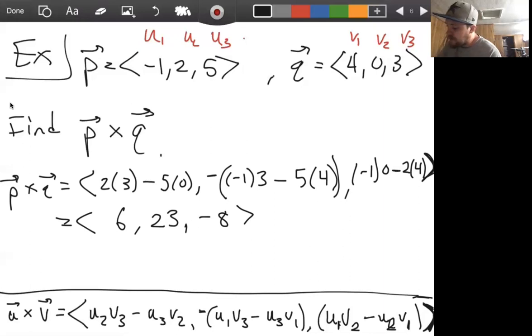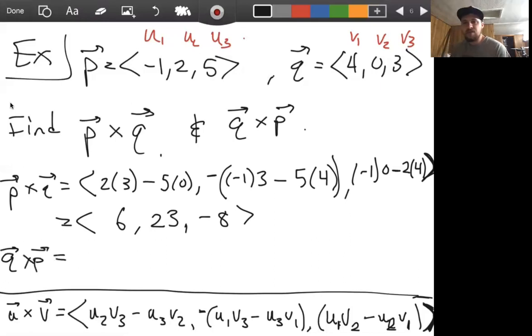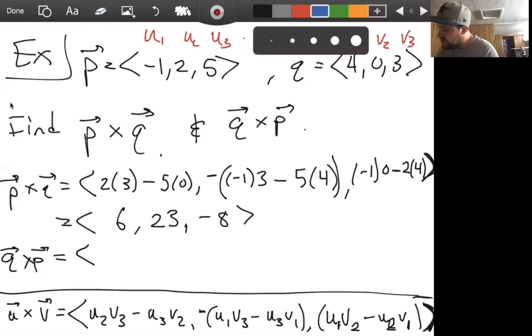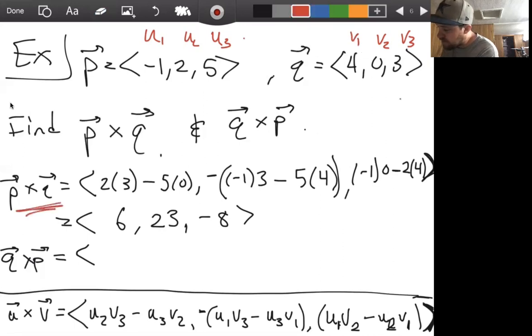And so for the sake of practice, let's say this said find P cross Q and Q cross P. Let's do Q cross P here. I want to see if we get the same thing. If we do Q cross P, then we flip what we call U and what we call V. So for P cross Q, we were abiding by my red subscripts here.